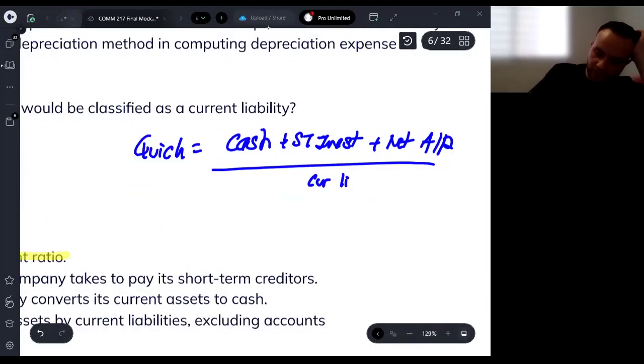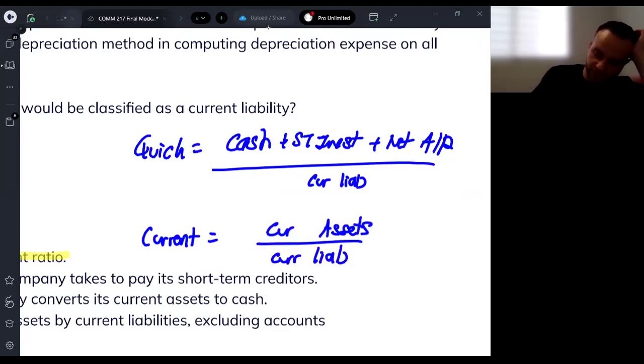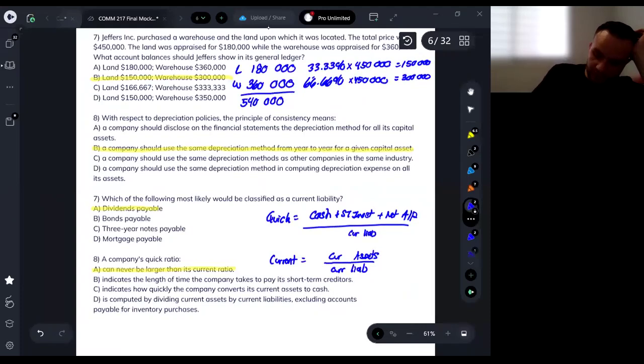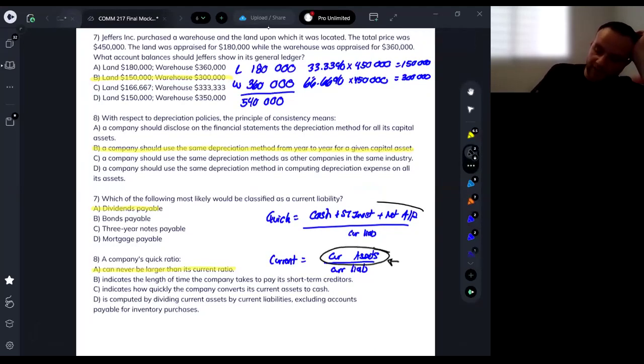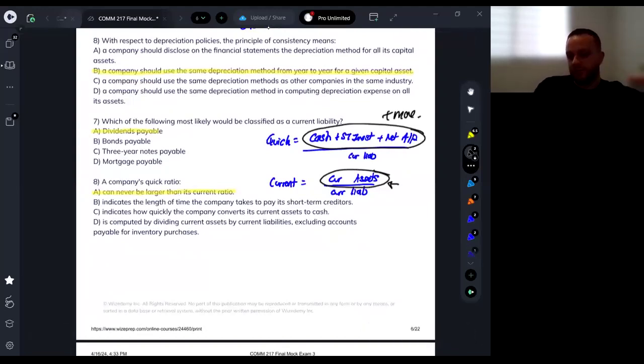And your current ratio is current assets over current liabilities. Right, so this ratio will always be bigger, because this has all the current assets, all these plus more, like prepaid and inventory. So this will always be more. Any questions?